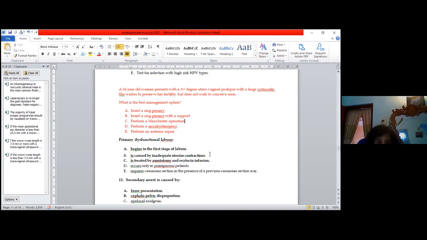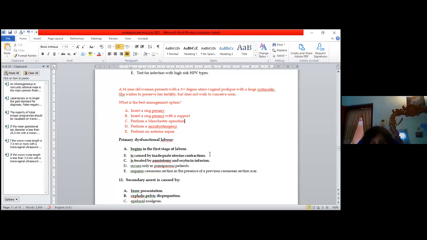'Is treated by amniotomy and oxytocin infusion.' Yes, that is the first line management. If we call it primary dysfunctional labor, it indicates that labor is slow from the start due to inadequate uterine contractions. So most probably there's no other cause for obstruction, since they haven't told anything like that. 'Treated with amniotomy and oxytocin infusion' is correct.